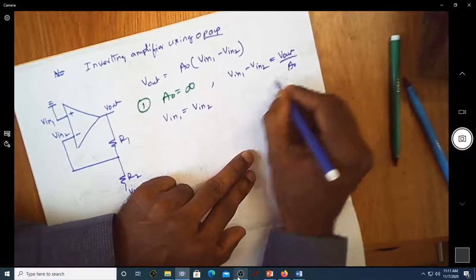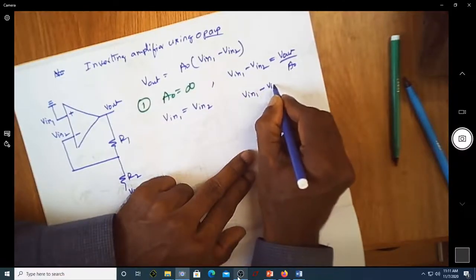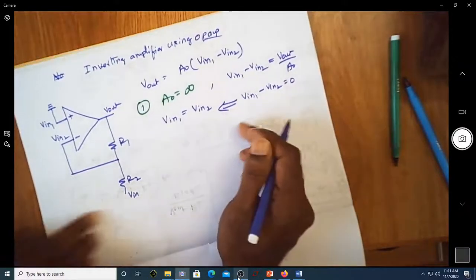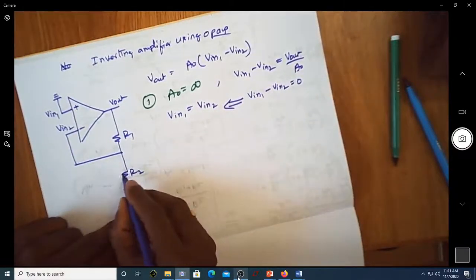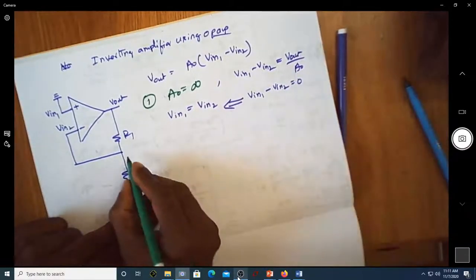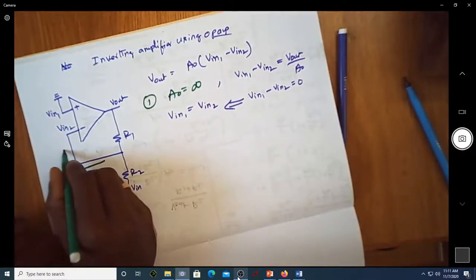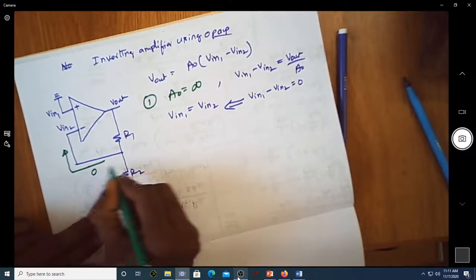So if A0 is infinity, then V in 1 minus V in 2 is equal to 0, using which I can write V in 1 is equal to V in 2. Now, we know that the current going inside this ideal op-amp will be equal to 0, no current will flow here.